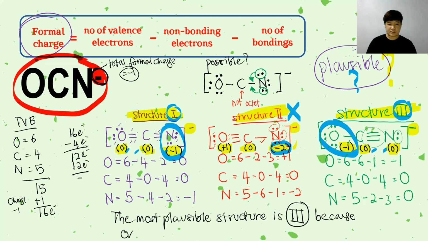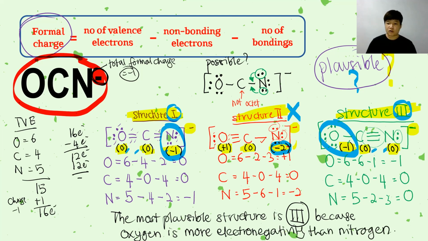Because oxygen is more electronegative than nitrogen. So when oxygen is more electronegative than nitrogen, the negative charge on oxygen is more stable than in nitrogen. So our most plausible structure for this case is your structure 3.